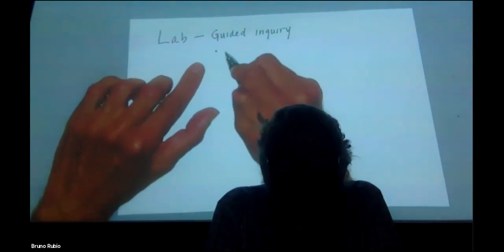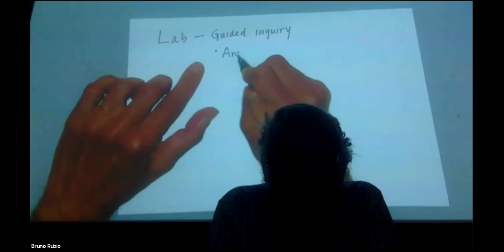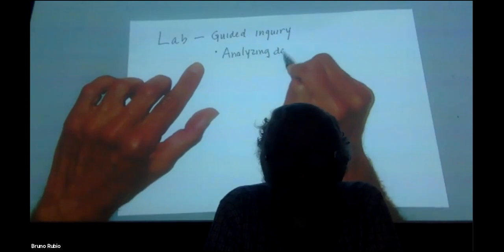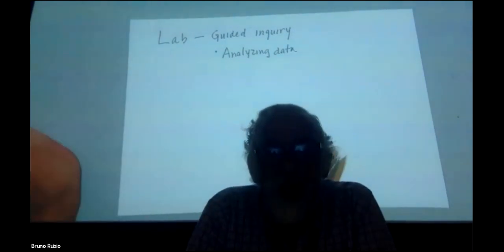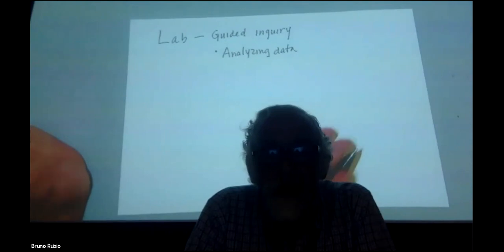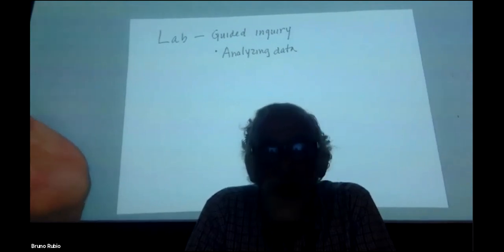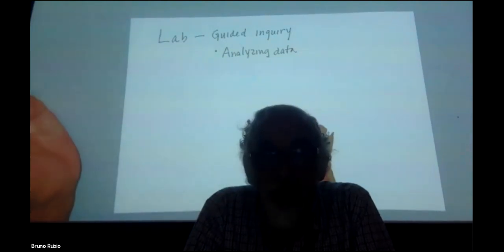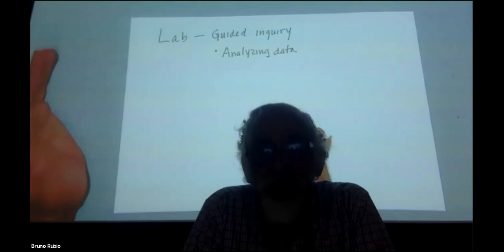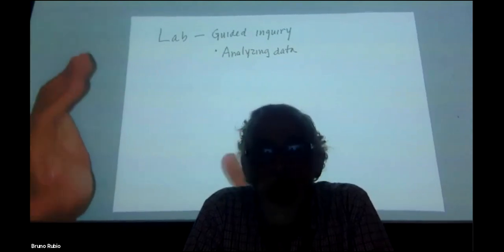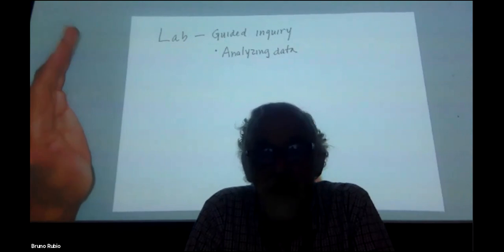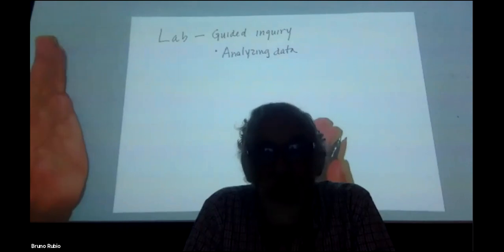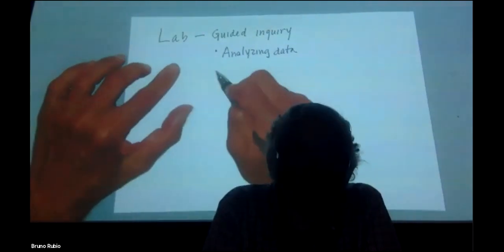What you're going to be doing in the lab will be analyzing data. I'll just give you the data that maybe you would have collected in a laboratory and ask you to tell me stuff about it. This could be stuff like the percent yield, the purity of the sample. When we get into spectroscopy, you'll be analyzing the spectra. So I'll be giving you data that you might have collected and you'll be asked to analyze it.